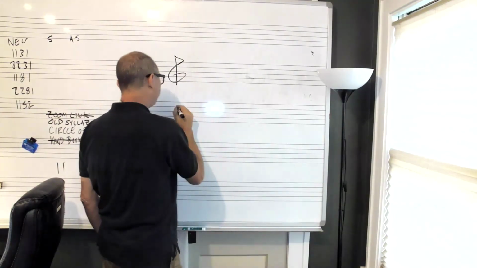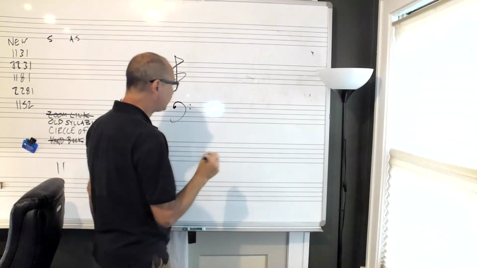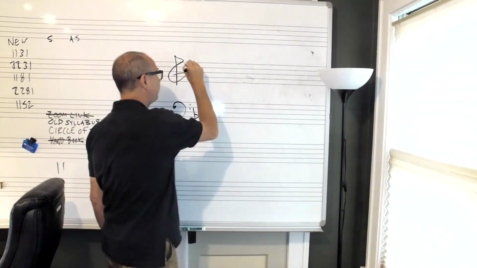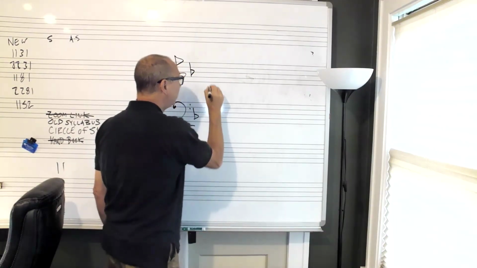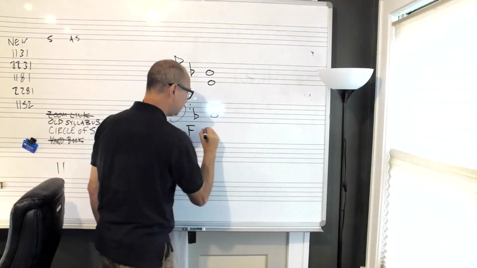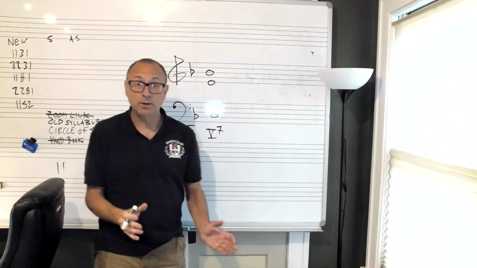So frequently, we'll see something that looks like this. Okay, the key is F. And then we'll have a lovely dominant 7th chord like this. Right? Okay, dominant 7th chord.